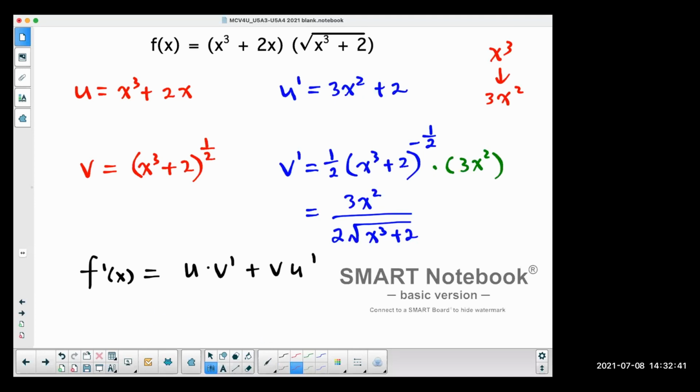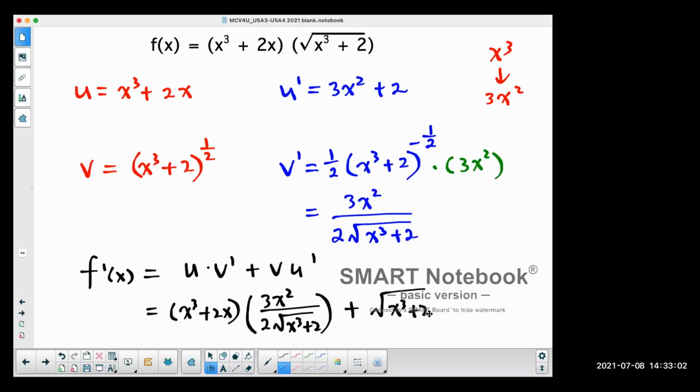So what's U? U is x cubed plus 2x. V prime is this guy, 3x squared over 2 square root of x cubed plus 2, plus V, which is the square root of x cubed plus 2, multiplied by U prime, which is 3x squared plus 2.